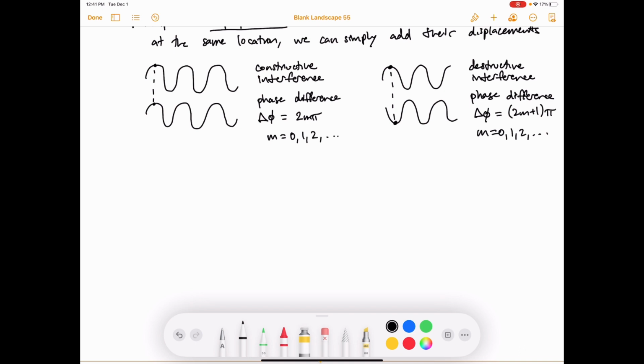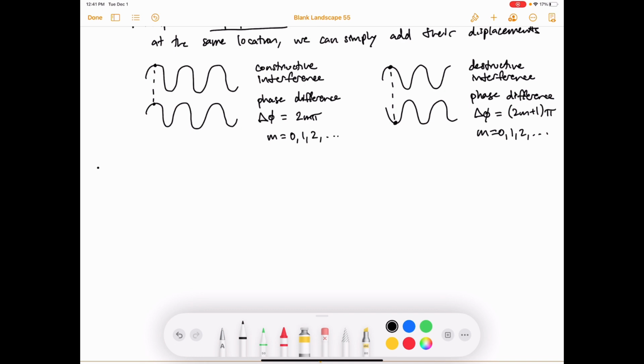So if the two waves are pi out of phase, that's when you get the peak of one meeting up with the trough of another, and they get canceled out. 3 pi also works when you plug in m equals 1, or 5 pi. Any odd multiple of pi, basically, is how you get destructive interference.